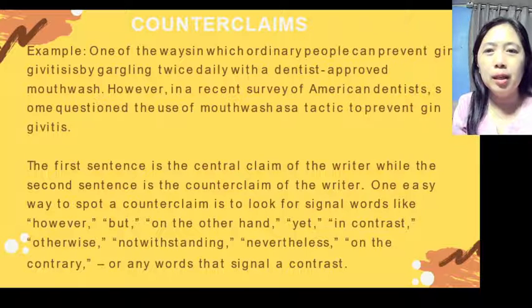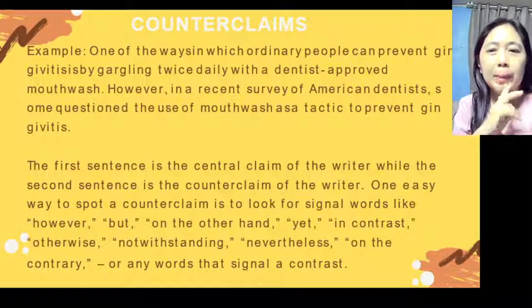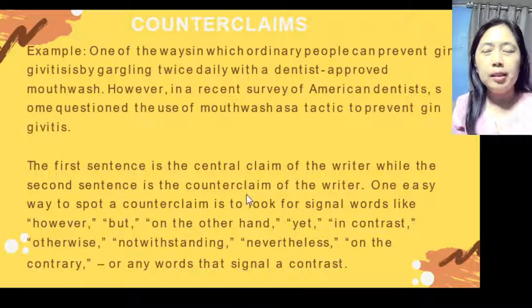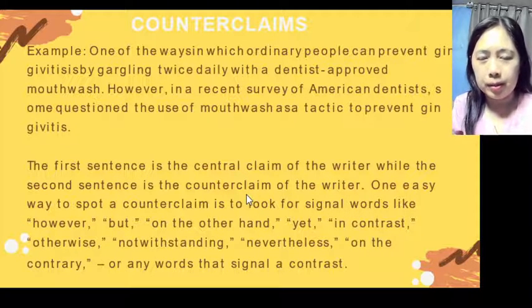To prevent gingivitis, you should use a dentist-approved mouthwash. That is the claim. While the second sentence, starting from however until gingivitis, is already the counterclaim of the writer.